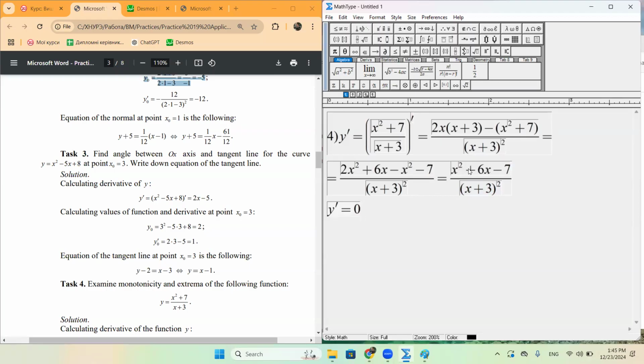Now let's factorize this expression. Using Vieta's theorem, if we can, or what about the discriminant? 36 plus 28, 64, yes, the discriminant can be calculated.